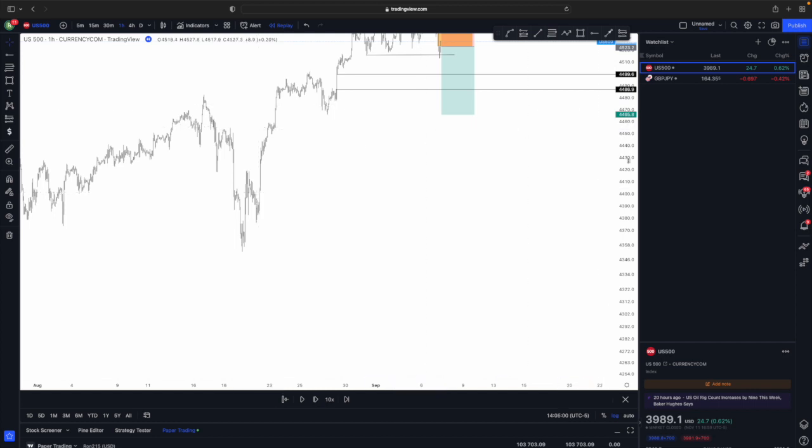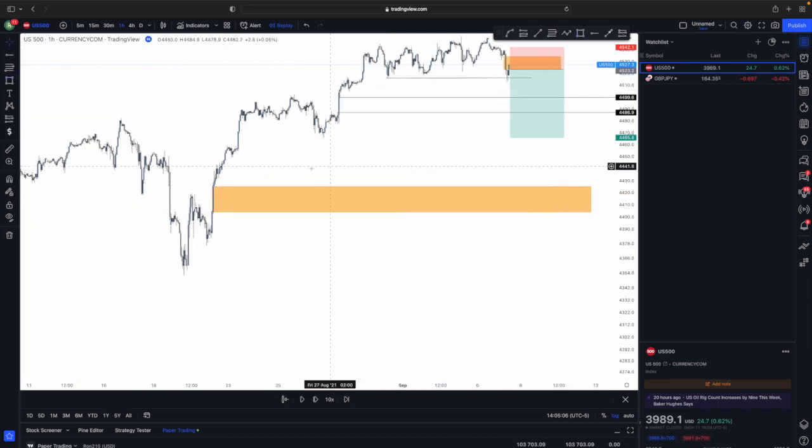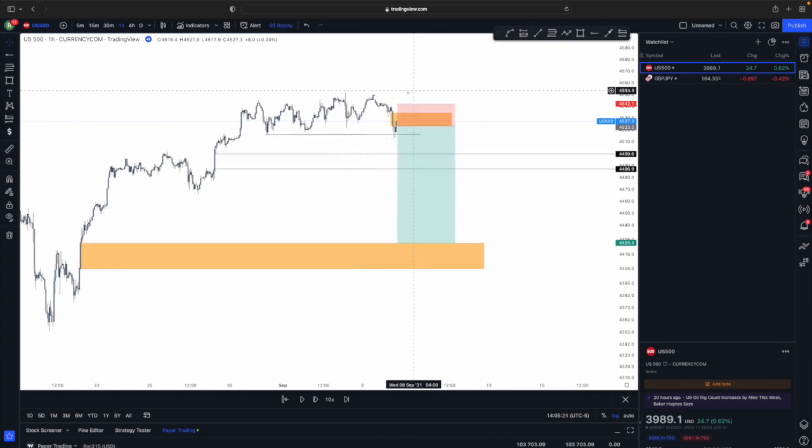So there's a lot of FVGs unfilled down here. This is making me believe that price may want to come back down here and fill these gaps as a way to start to reboot the next move. So we could possibly sell not only down to this fair value gap, but maybe even further down to maybe here. You get what I'm saying, guys? I don't know, but that's what I'm thinking.